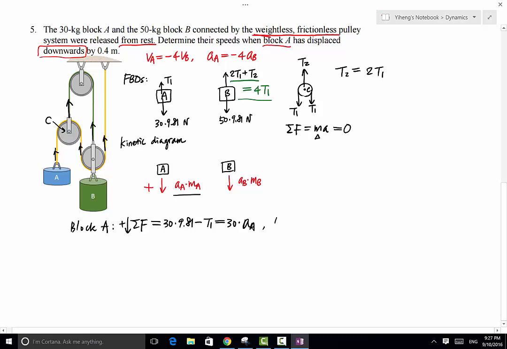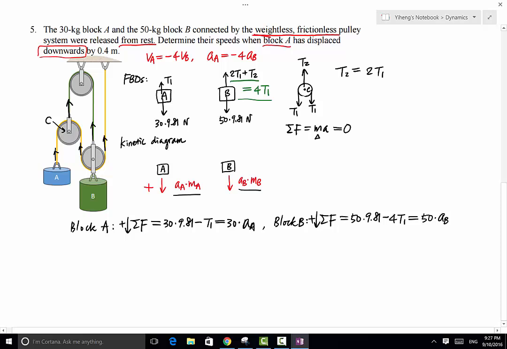For block B, also downwards is positive, and that equals 50 times 9.81 minus 4T1, from the free body diagram, and from the kinetic diagram, this equals 50 times AB.